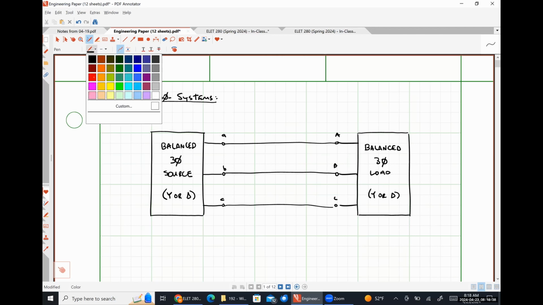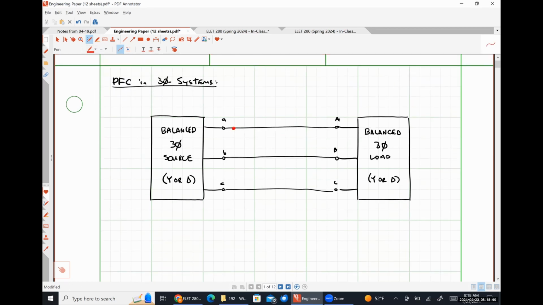Okay. So effectively tapping into my A line, I would place some capacitance, which I'm going to call CY, between A and some arbitrary neutral terminal.